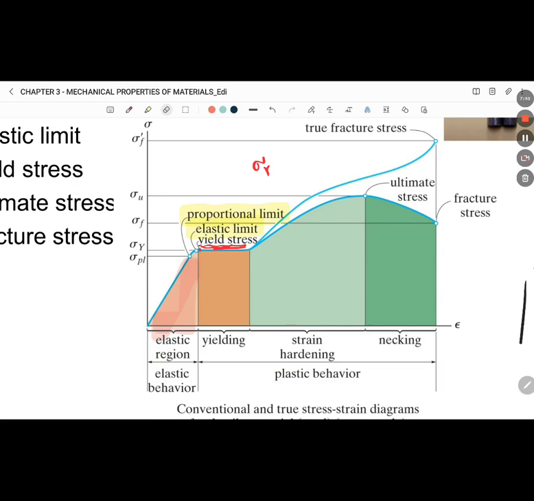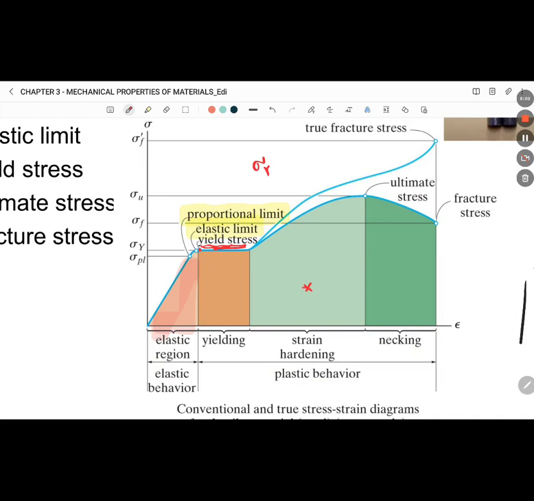Then we go to the next area, colored with light green at the center over here. In this area we call it strain hardening.